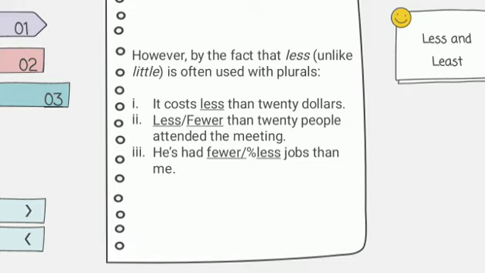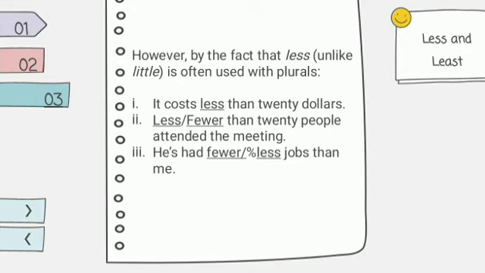Fewer than $20 would be unusual. Next, less than 20 people attended the meeting, or fewer than 20 people attended the meeting, where we again have a numeral after than. Both forms are possible, with fewer less common and somewhat formal.